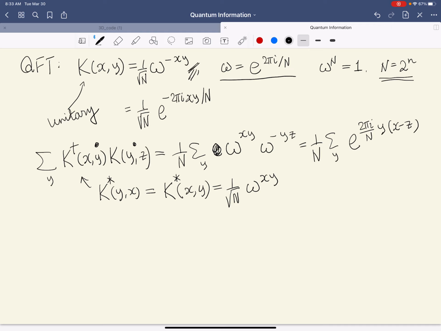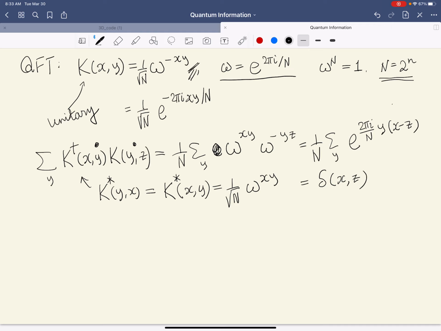So hopefully this expression is familiar to you. This is what's called the discrete Fourier transform or something like that. And I hope that I don't have to go through the mathematics of this expression again. I will just simply quote the results. The result is the Kronecker delta function.